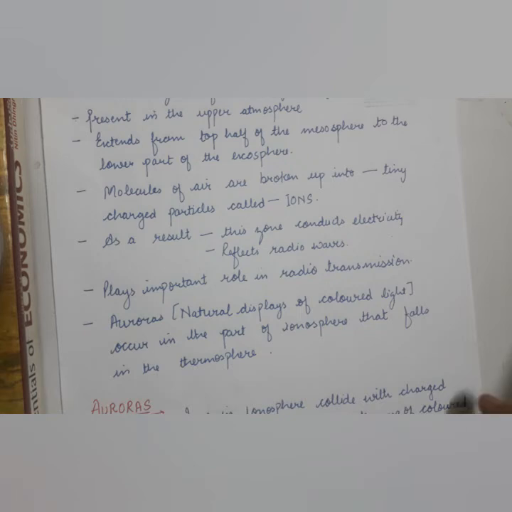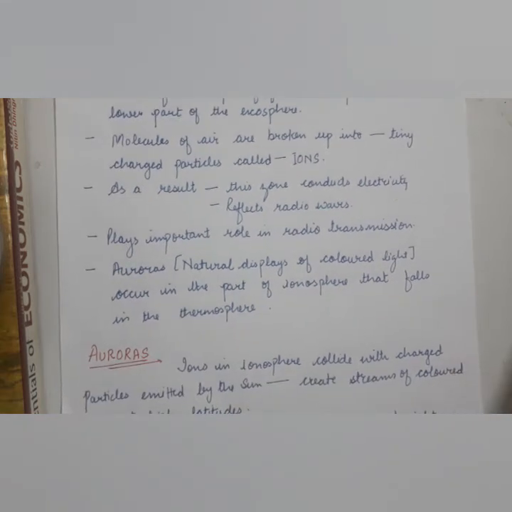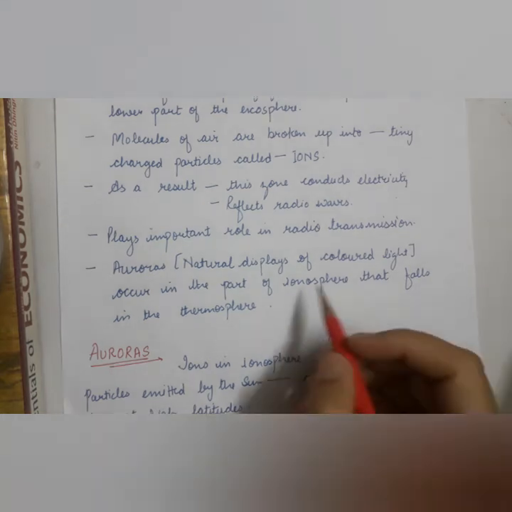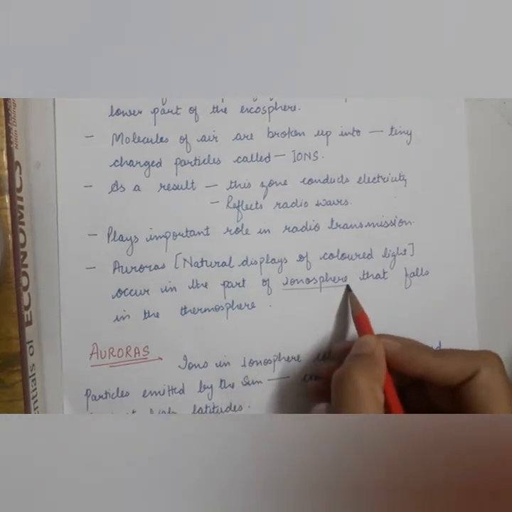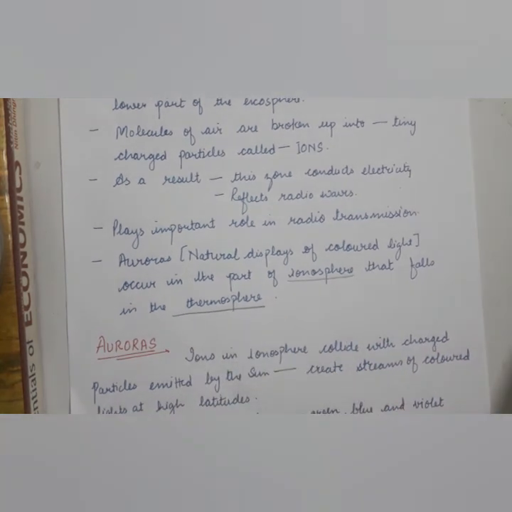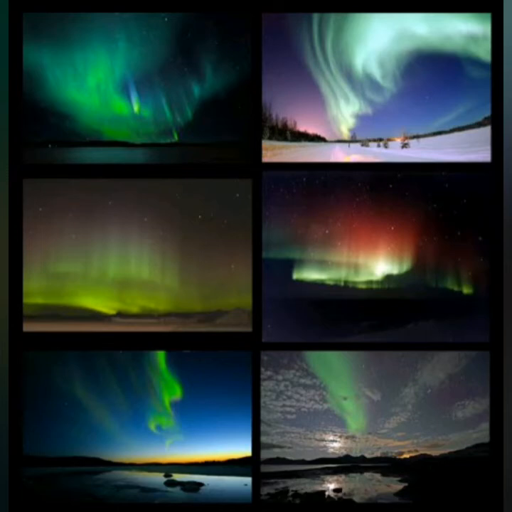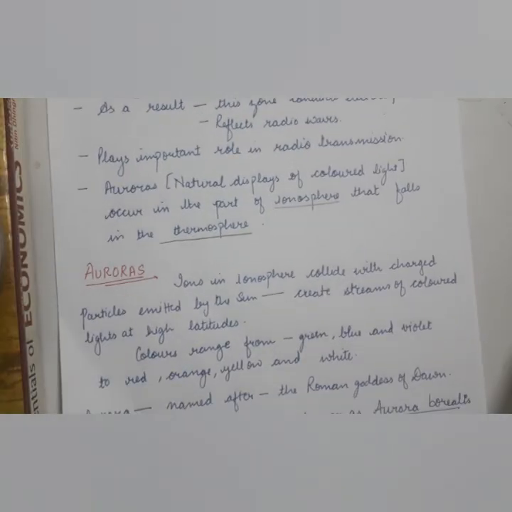It is a natural phenomenon, and the colored lights appear. It occurs in the part of the ionosphere that falls in the thermosphere, the layer in which the temperature is high.